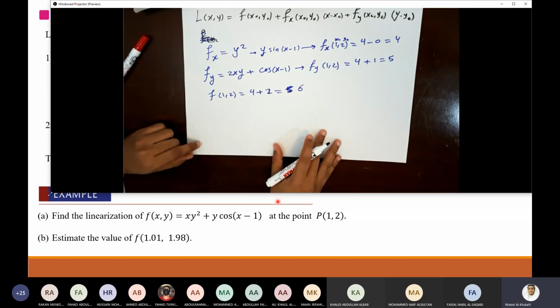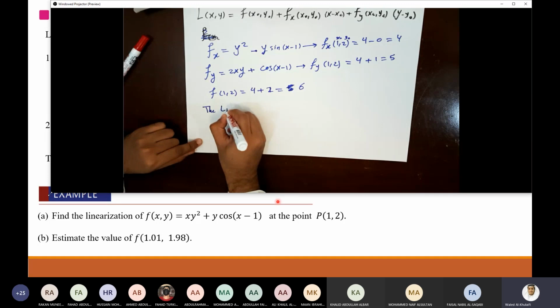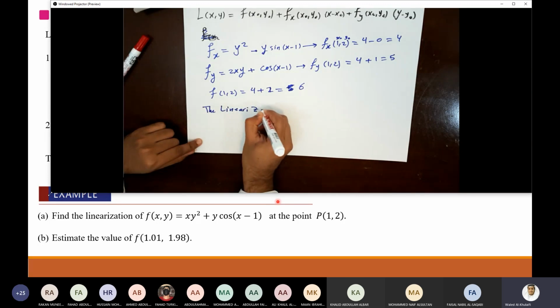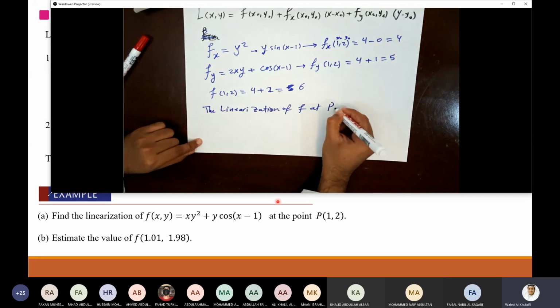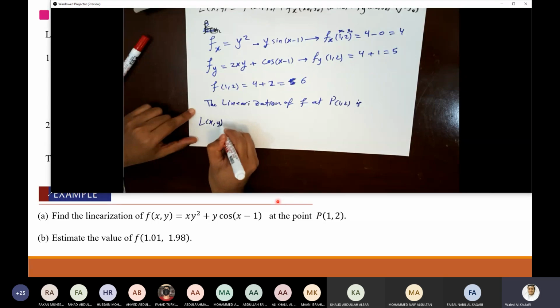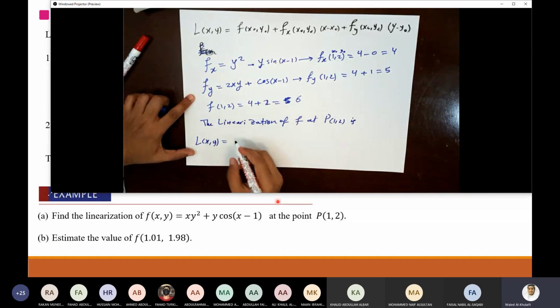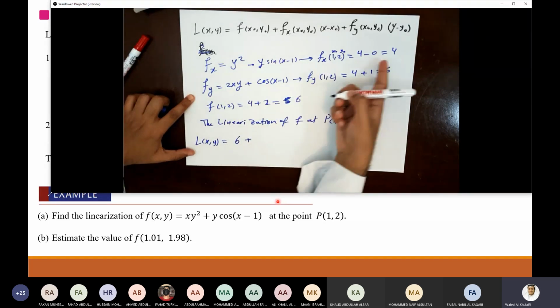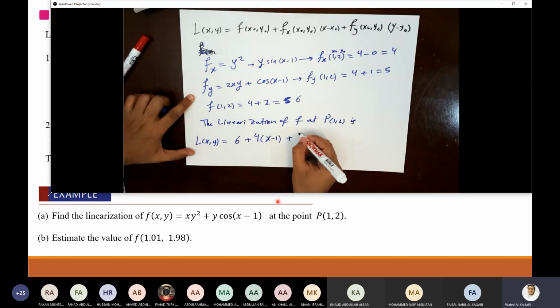So now the linearization of f at the point P(1, 2) is L(x, y) equals 6 plus f_x, which is 4, times (x minus x naught, which is 1), plus f_y, which is 5, times (y minus y naught, which is 2).